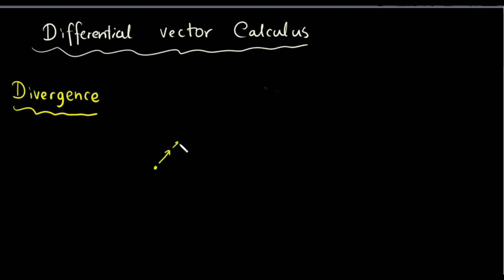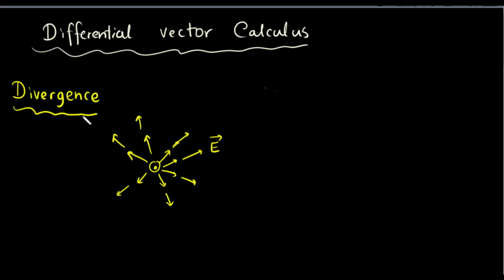This electric field spreads in these directions, like this way. So this is how the electric field spreads out from a given point. This is how the divergence looks like in real applications.